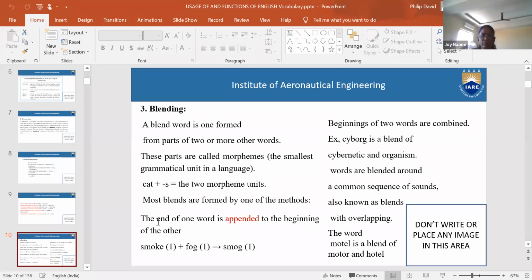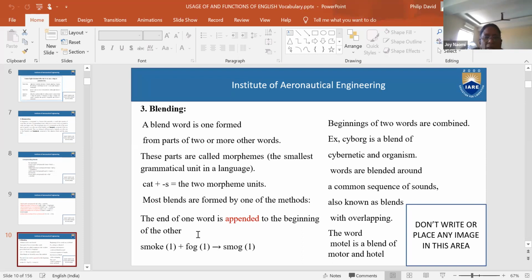Most blends are formed by one of these methods. The end of one word is appended to the beginning of the other: smoke plus fog, smog. The beginnings of two words are combined. So blending is by joining two words. Earlier we saw joining two nouns.